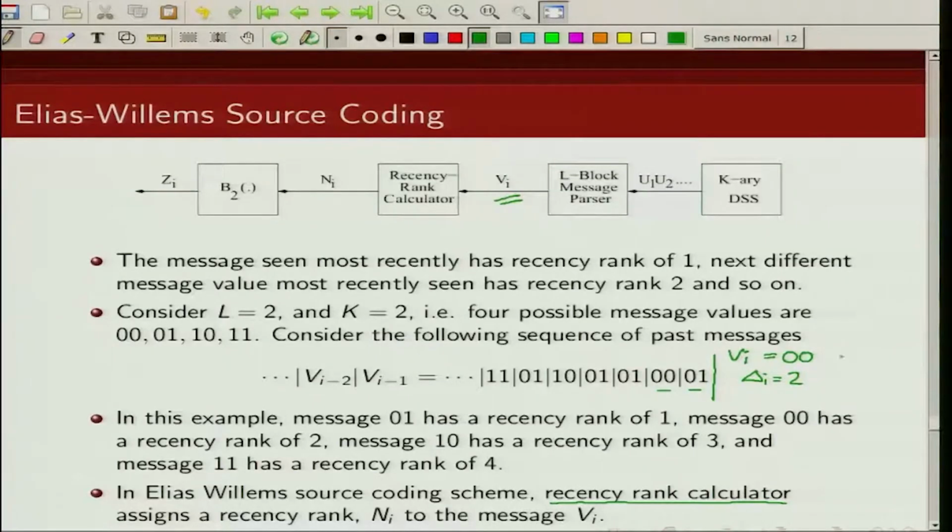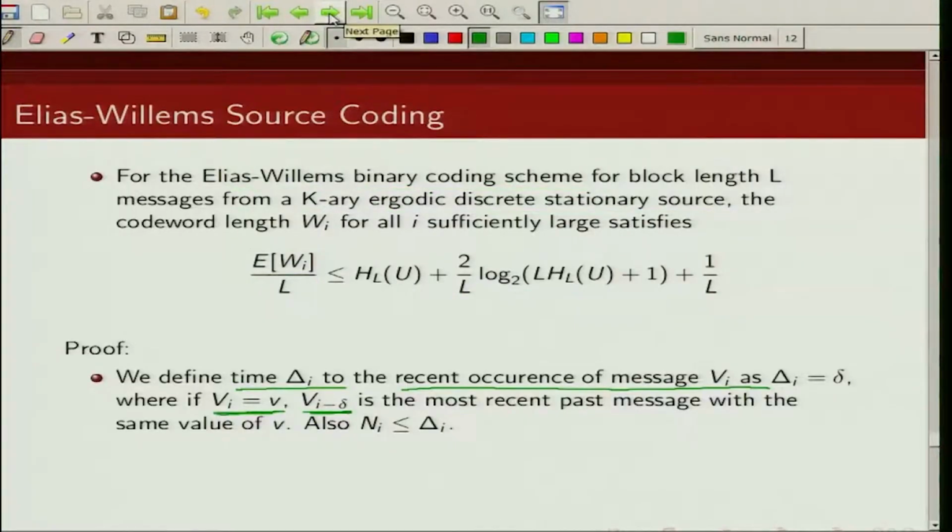Now, if you consider 1, 1. So, when did 1, 1 occur in the past? i minus 1, i minus 2, i minus 3, i minus 4, i minus 5, i minus 6, i minus 7. So, delta i is going to be 7. So, that is what I am saying, that we define this time delta i as the recent occurrence of this message Vi.